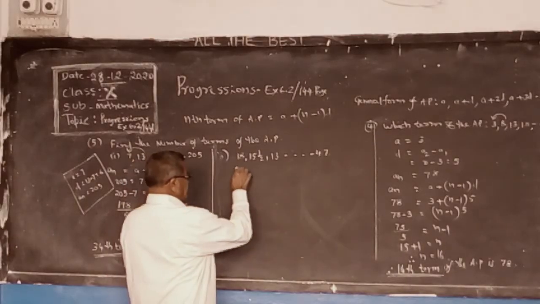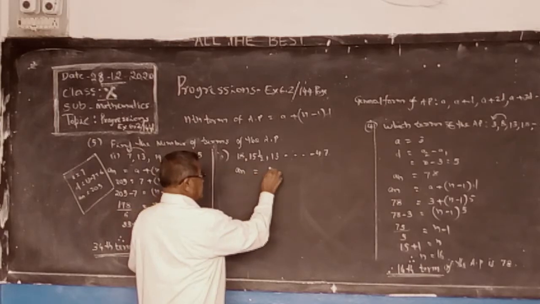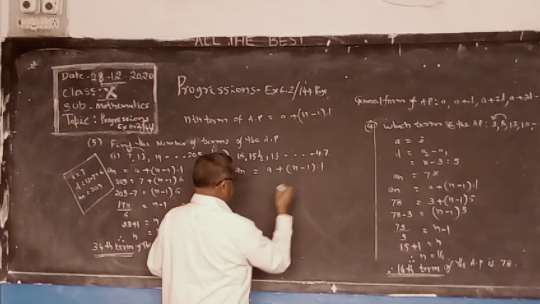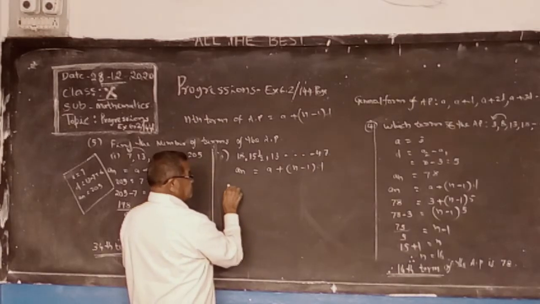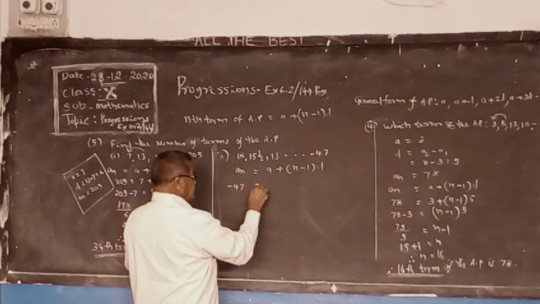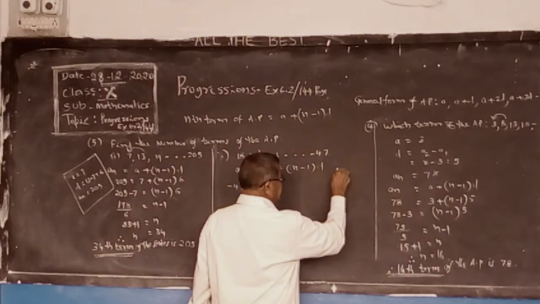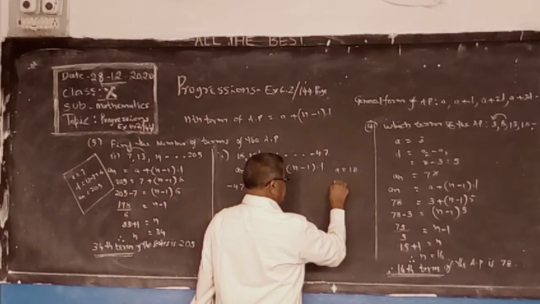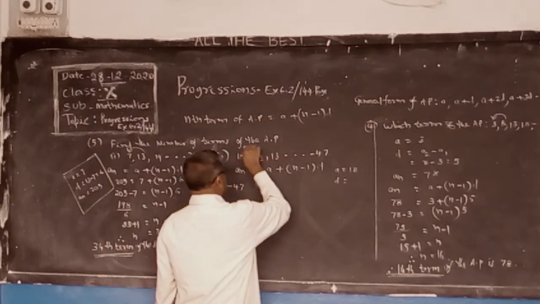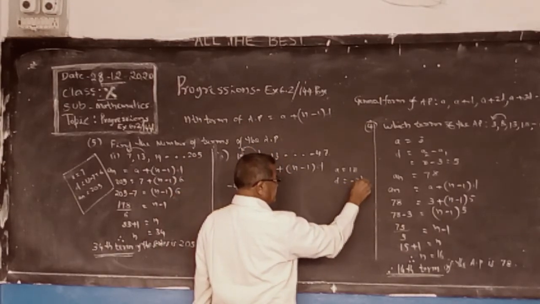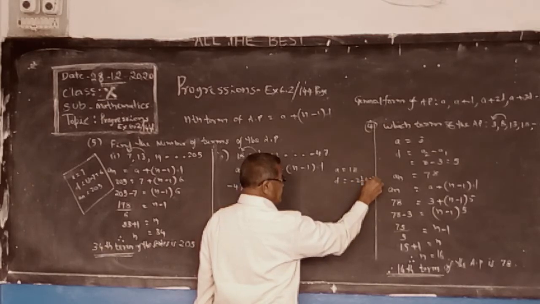The process: the nth term of an AP is equal to a plus (n minus 1) d. This is minus 47, in descending order. The a value is 18 and the d value is minus 2.5, that is minus 5 by 2.